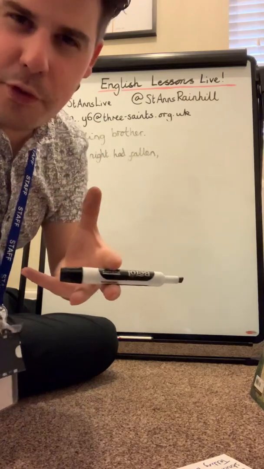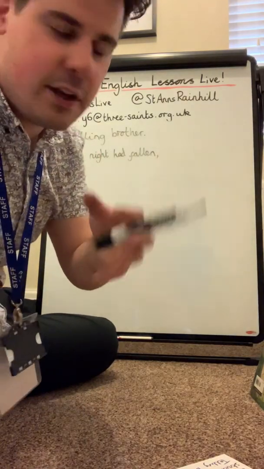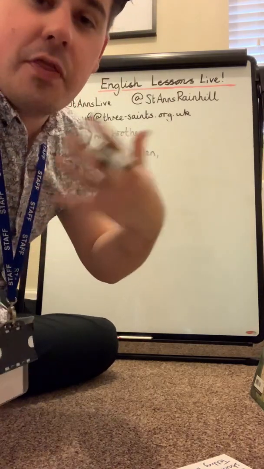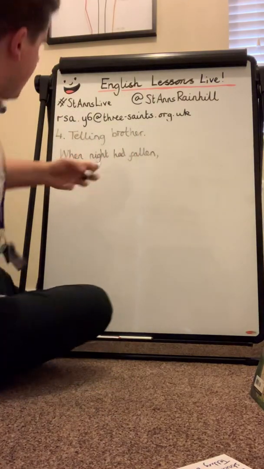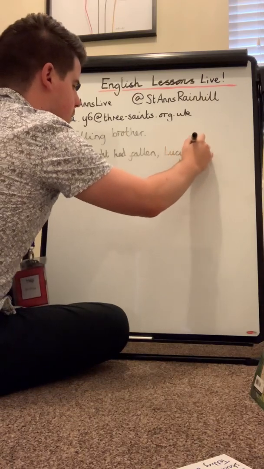I'm not going to say it's the brother just yet because I don't need to. I can introduce that in a little bit. I like this idea of saying, she tried one final time. So we're prepping our audience that this is going to be the last of this repeated section. So when night had fallen, Lucy tried one final time.